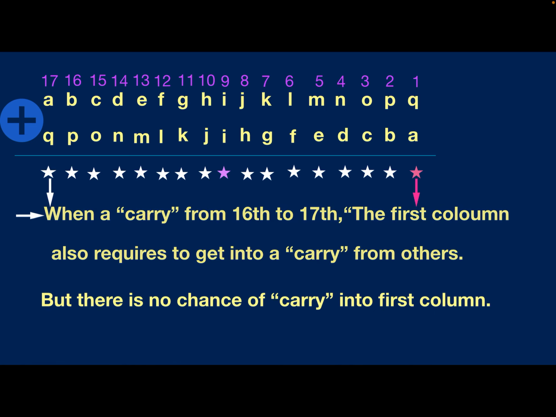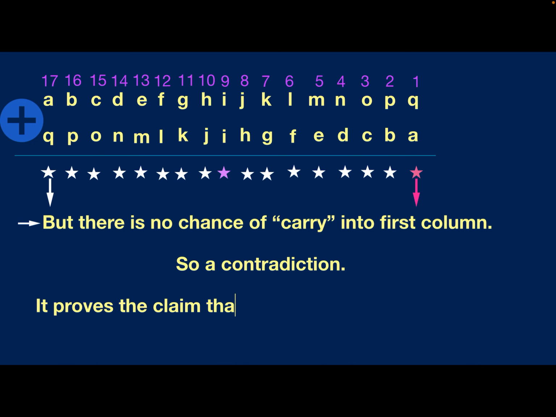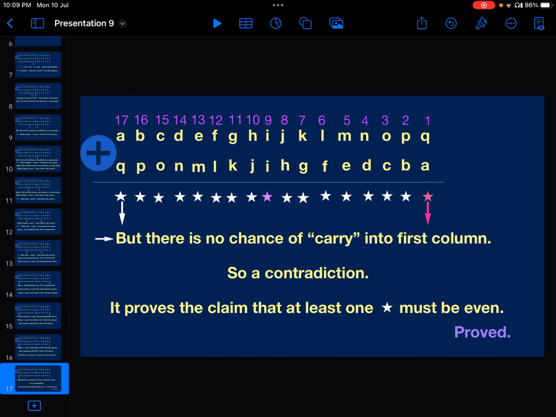So it is a contradiction, and this contradiction proves that at least one of the digits, at least one star of this sum of 17 digits, must be even. So the proof is complete.